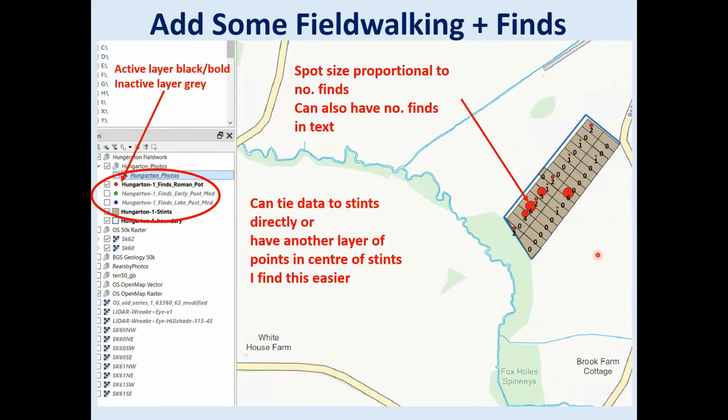In this way, you can tie the data to the stints directly. Or, I should say that again, you can either tie the data to the stints directly, or you can have another layer of points in the center of each of the stints, which is particularly useful if they're not all of an even size. And actually, I find this an easier way of doing it.